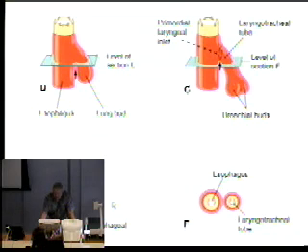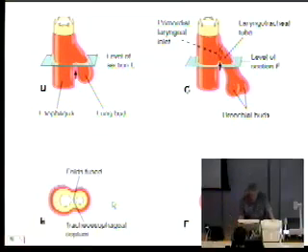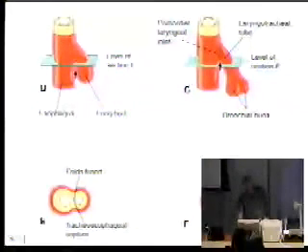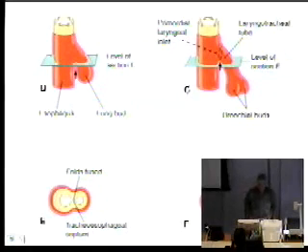In panel E, we see the folds are approximated, made contact, fused together, and we get a tracheo-esophageal septum, and then this will be completed, and there is no opening at this point between the esophagus and the laryngotracheal tube.